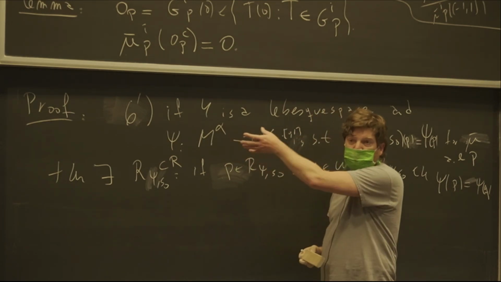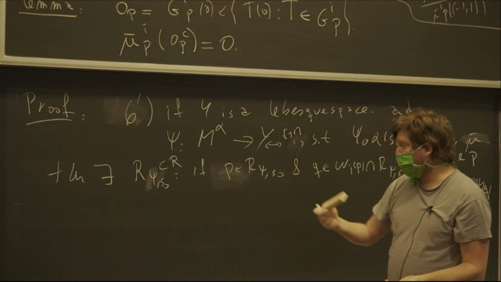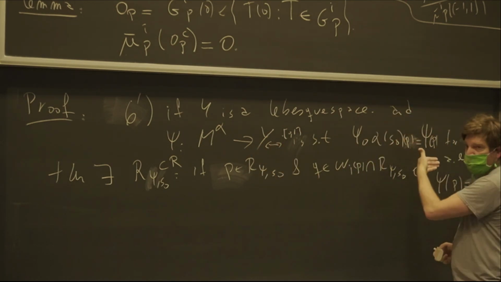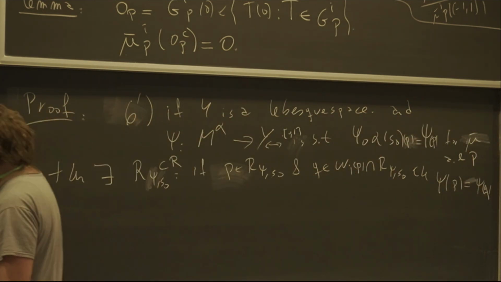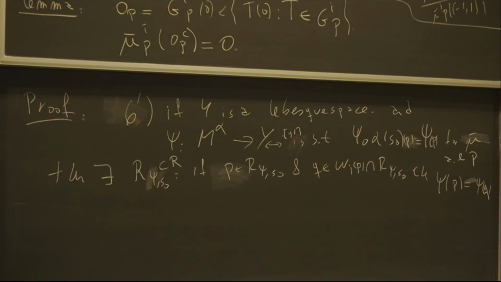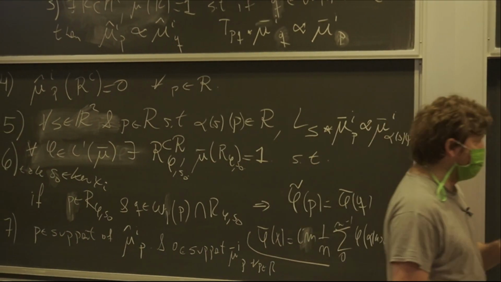So I make this psi into an L1 function, actually an L infinity function. The Birkhoff average of a function which is invariant is the same function itself. And, well, the outcome is what I wanted.